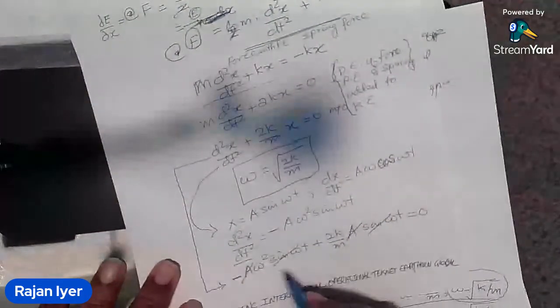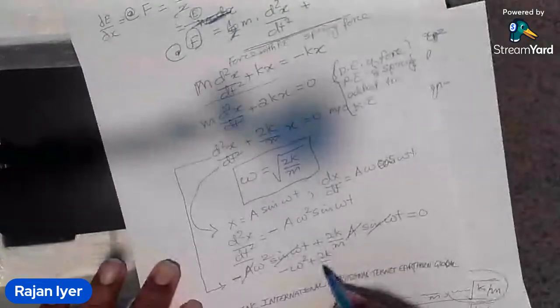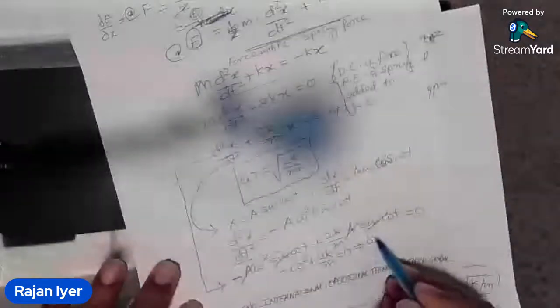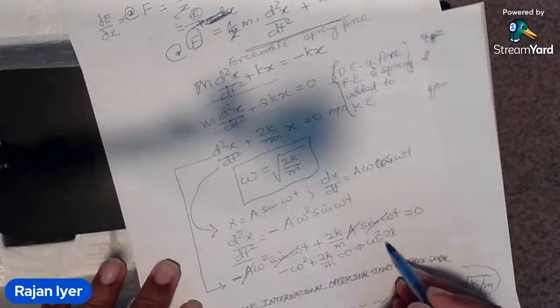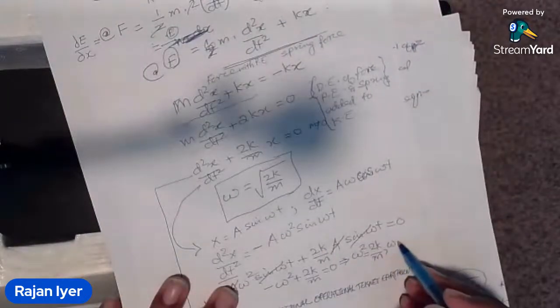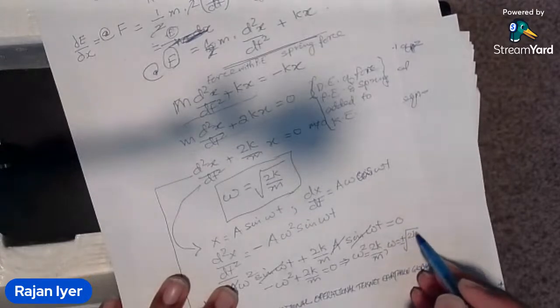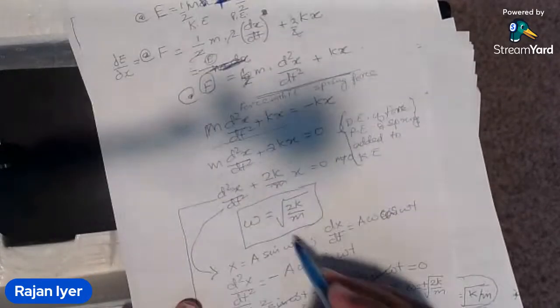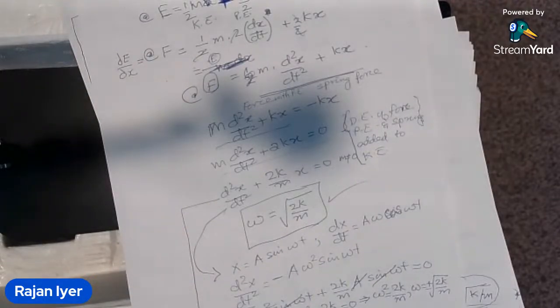And I get simply minus omega squared plus 2k over m equals 0. And that leads to omega squared equal to 2k over m. Then I take the square root again like before, plus or minus square root of 2k over m. And normally we take only the positive value of the frequency.